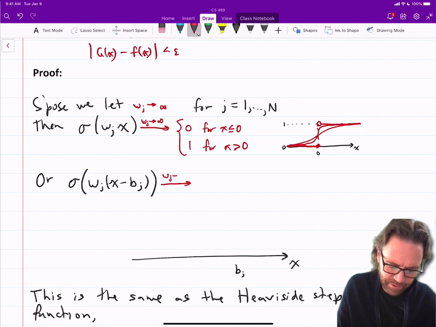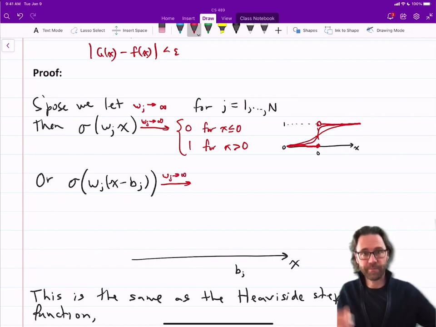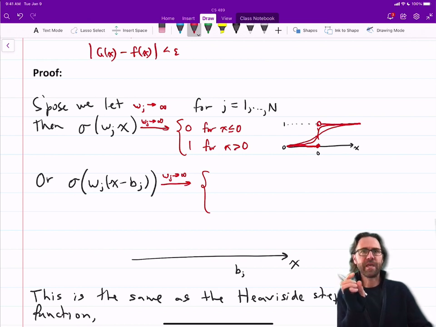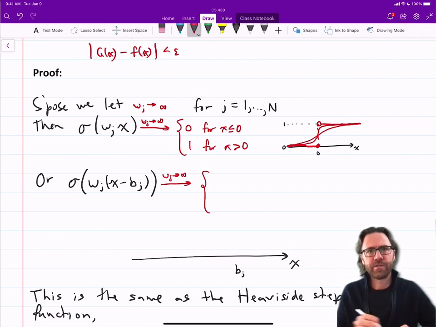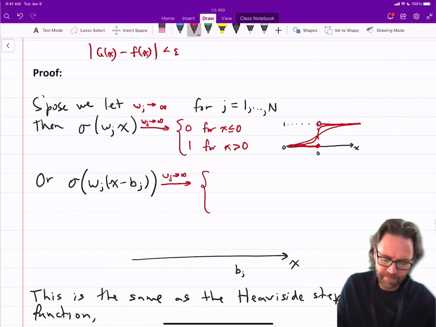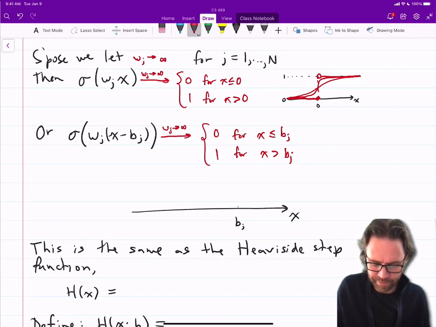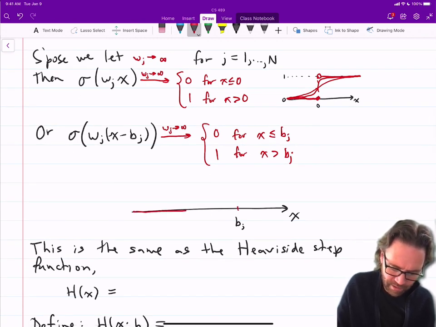As w sub j goes to infinity again, we're cranking up that gain. We've got this other shift b sub j. If you work that out, this is 0 for x less than or equal to b sub j, and it's 1 for x greater than b sub j. So it's just a shifted version. Here's b sub j, and so our function looks like this.